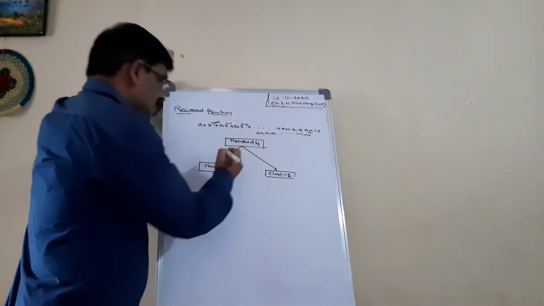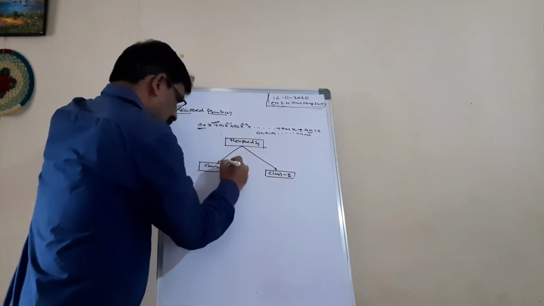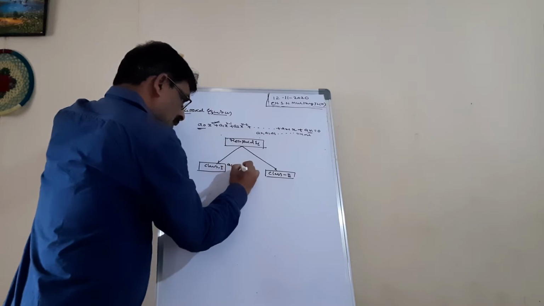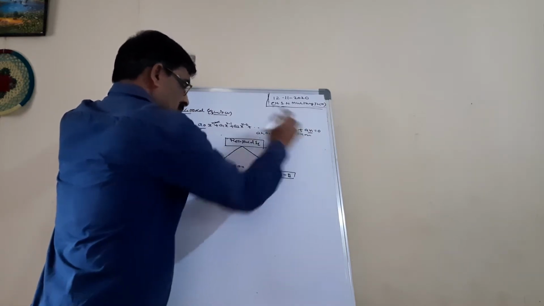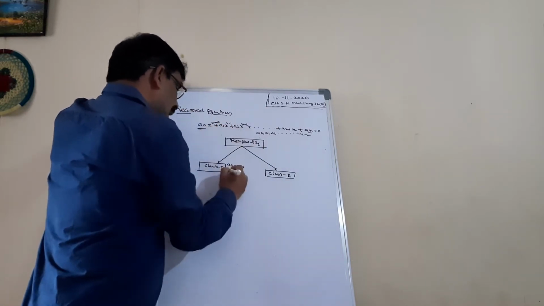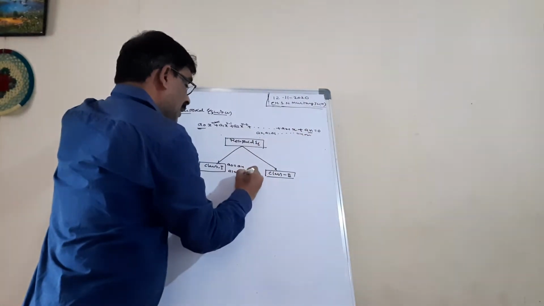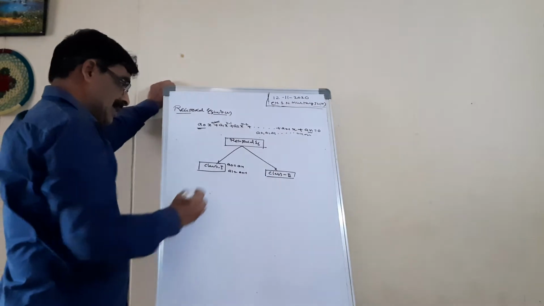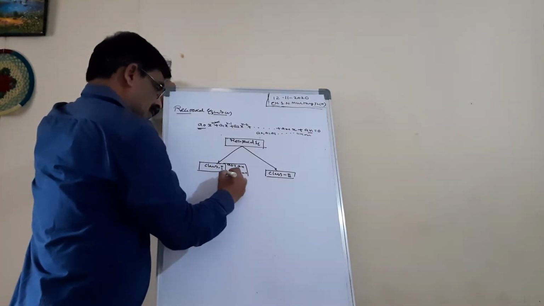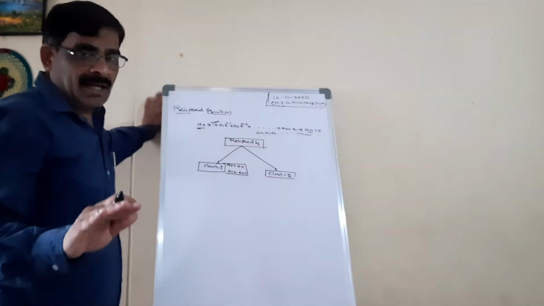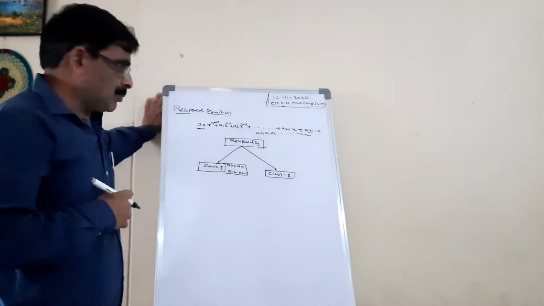In class 1, if a0 equals the last an, and a1 equals an minus 1, then we can say it is a class 1 equation. I have just given an example.